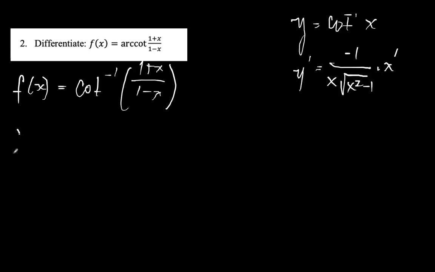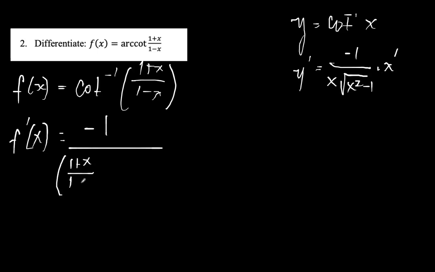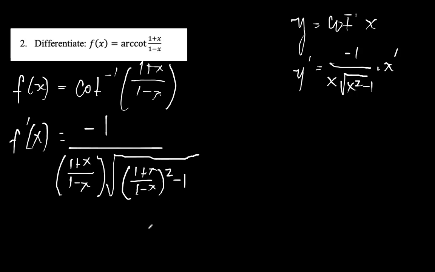So f prime of x is equal to, using this formula, negative 1 over, our x here is this, it's quite complex, 1 minus x times the square root of the quantity (1 plus x over 1 minus x) squared minus 1, and times the derivative of x, which is the rational expression (1 plus x) over (1 minus x), prime.